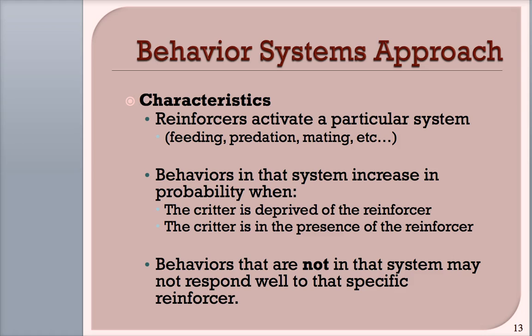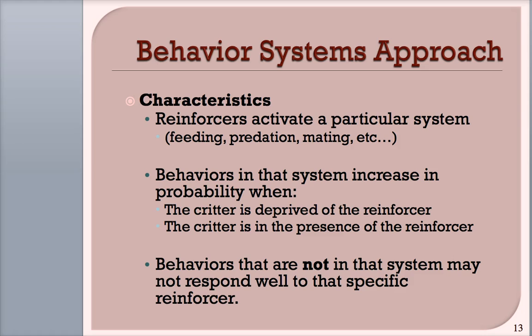So behaviors that are in a particular system increase in probability when the animal is deprived of the reinforcer or when the reinforcer is present. So if an animal has not been fed and you bring him into a food earning environment, you're going to get food related behaviors. If you have a fish that's in the breeding season and you put him in his cage, and you start introducing another male, you're going to activate those behaviors.